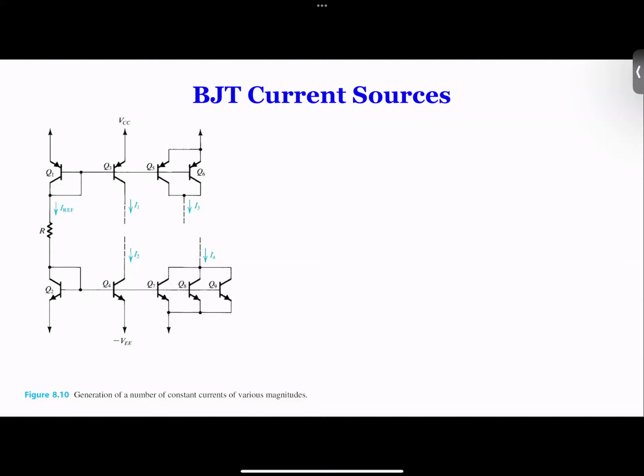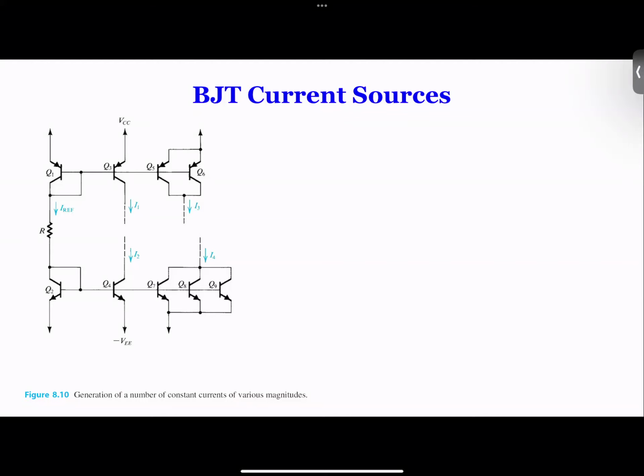They're in parallel, and their bases are all connected to the same base as Q2, which means these three are going to conduct the same current if they have the same area. So how much current do you have in I4, if they're all identical transistors? It's 3 times I2, or 3 times I reference, right?